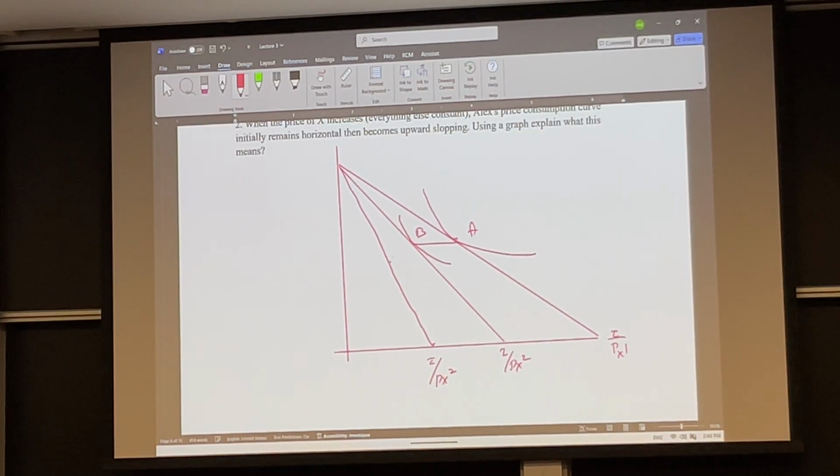The question says PCC then becomes upward sloping. What does that mean? That's the individual. When the price increases first, he moves on a horizontal PCC, then he moves on an upward rising PCC. What does that mean? Everyone? What does that mean?